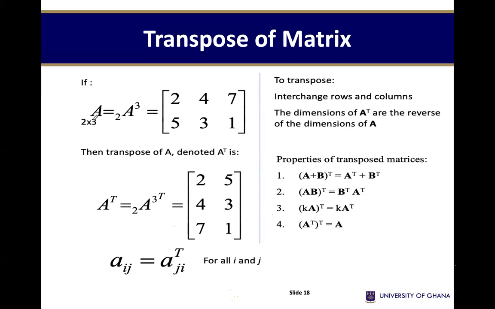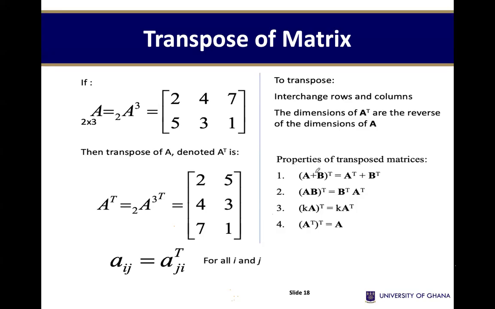All you are doing is switching them. So in this case, if I want to transpose this matrix, the row 2 4 7 will now be a column here, and the row 5 3 2 will now be a column here. Basically that. If I transpose, you're just interchanging the rows and the columns, right?